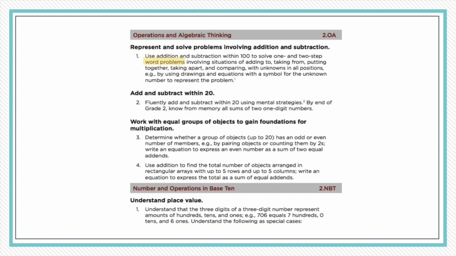That tells you right there that this is where you should be bringing in those application type experiences for your kiddos. Anytime you see a standard that talks about word problems, that is taking the mathematics and putting it into context so that they can apply it to real life situations. Whenever you see something that says fluently, that's a good giveaway that it is working towards procedural fluency.